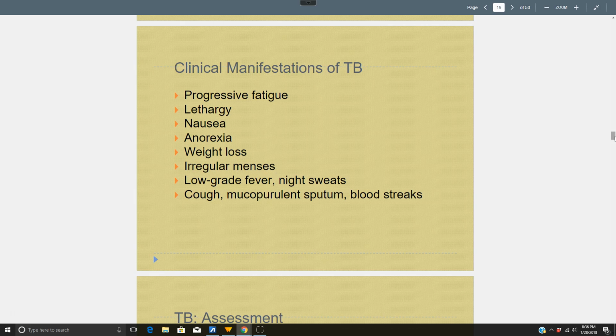Okay, and I want you to read through those, because there's some very, very important teaching that needs to be done when some of these patients are on certain drugs.